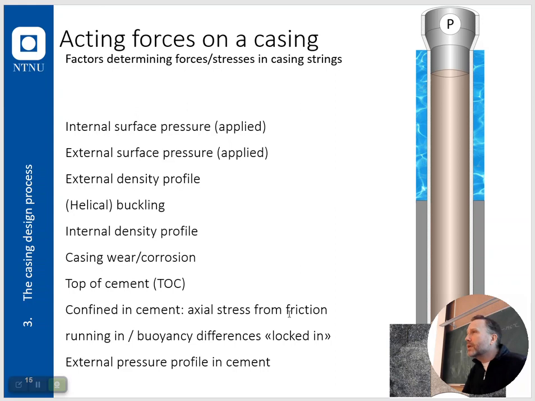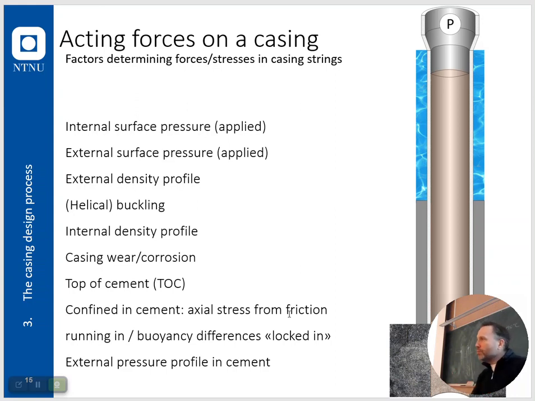I had a question if it's possible to rotate the casing down to reduce the friction. Yeah. We do that with liners, normally not with casing, because casing is so extremely heavy and large that rotation is limited to the makeup torque.